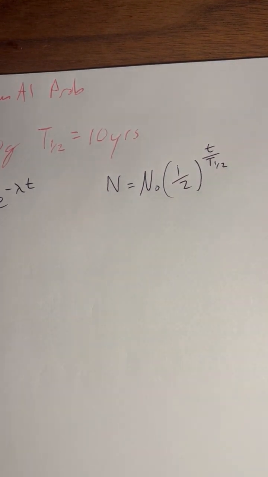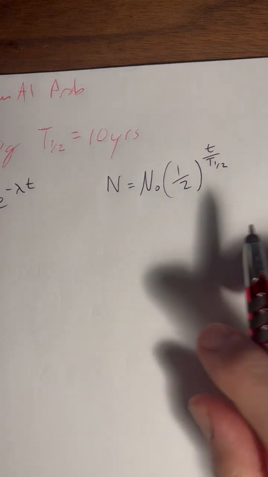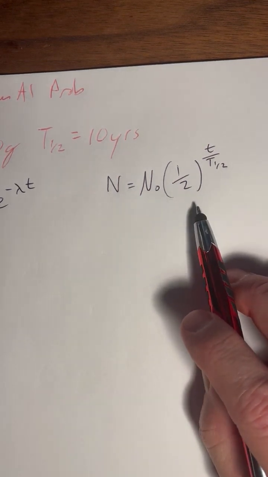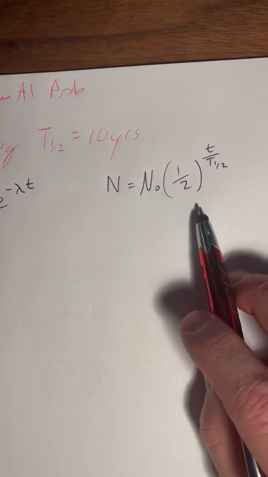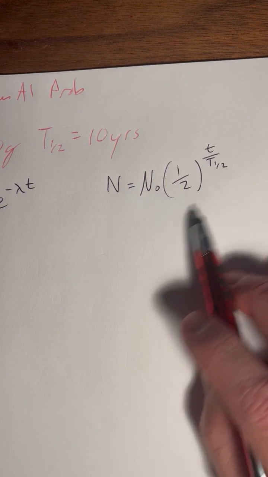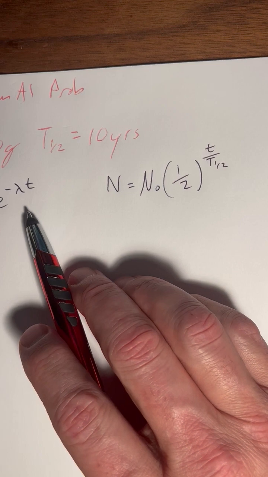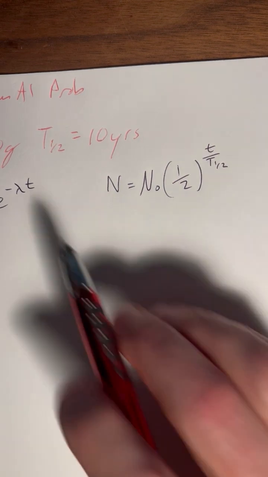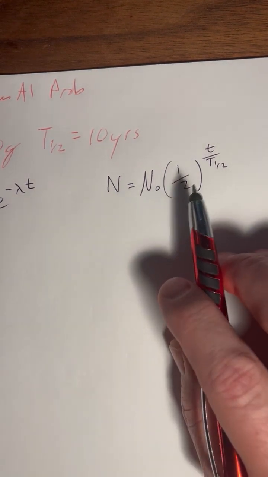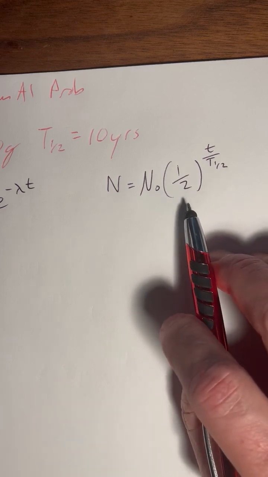And that's true. It's a little tougher to work with because this one doesn't have the lambda, and it's a little trickier with certain situations. But let me show you why this is actually still correct.